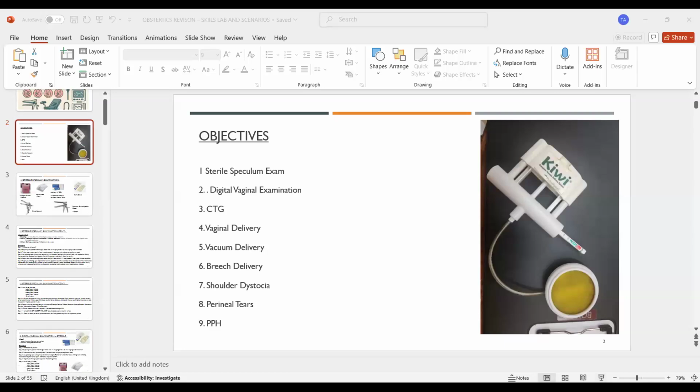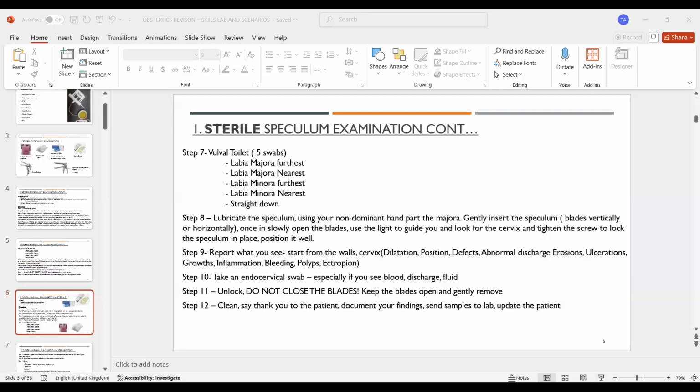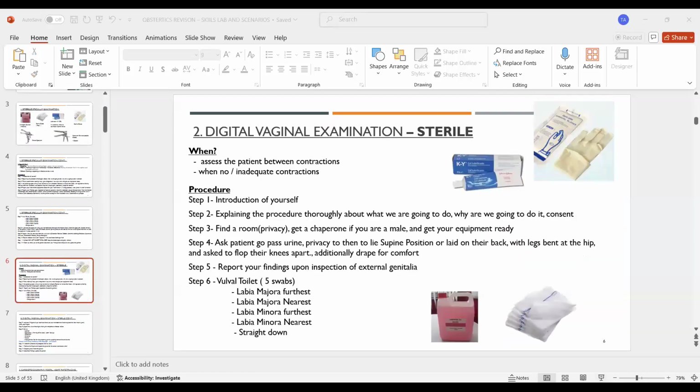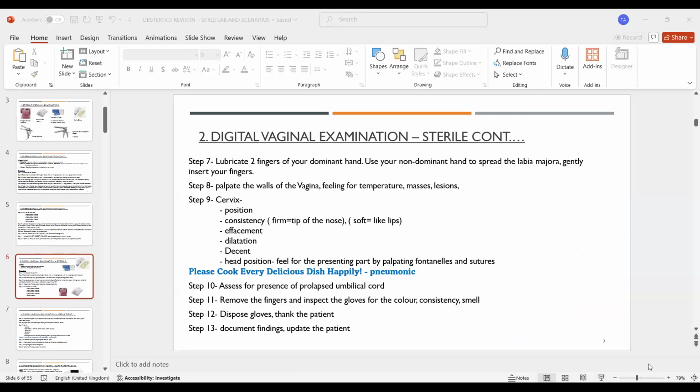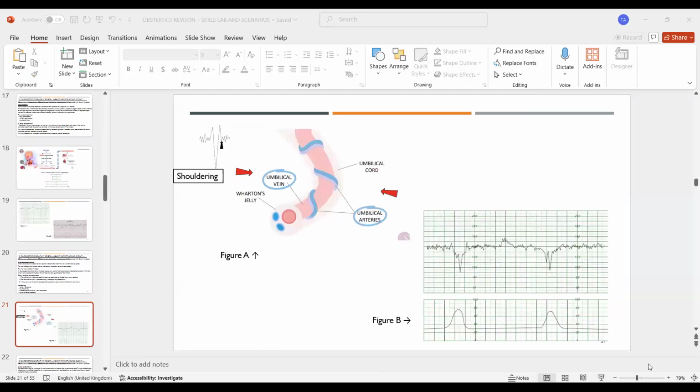You talked about documentation on the maneuvers just after the breech delivery. Okay, perfect. No problem. Just a second. Let me just get my network to stabilize.